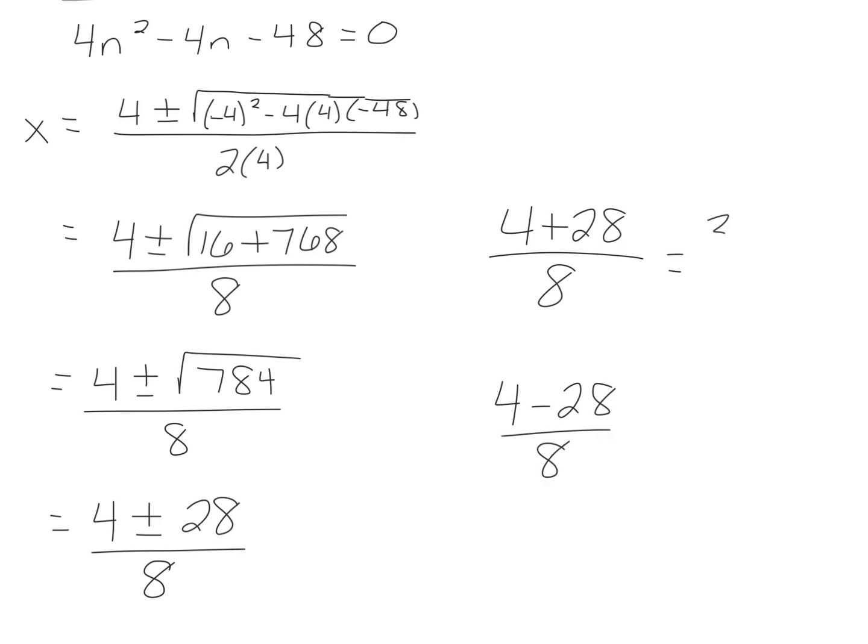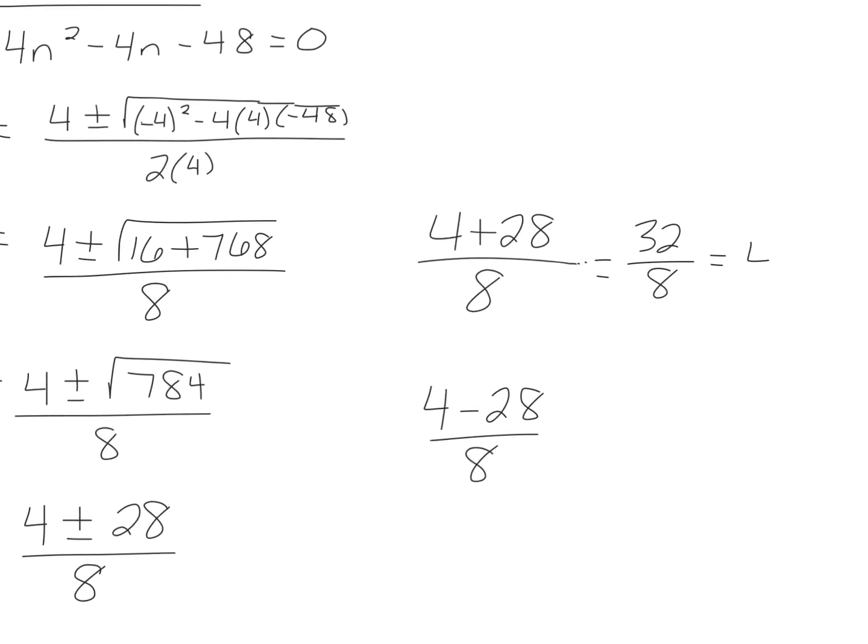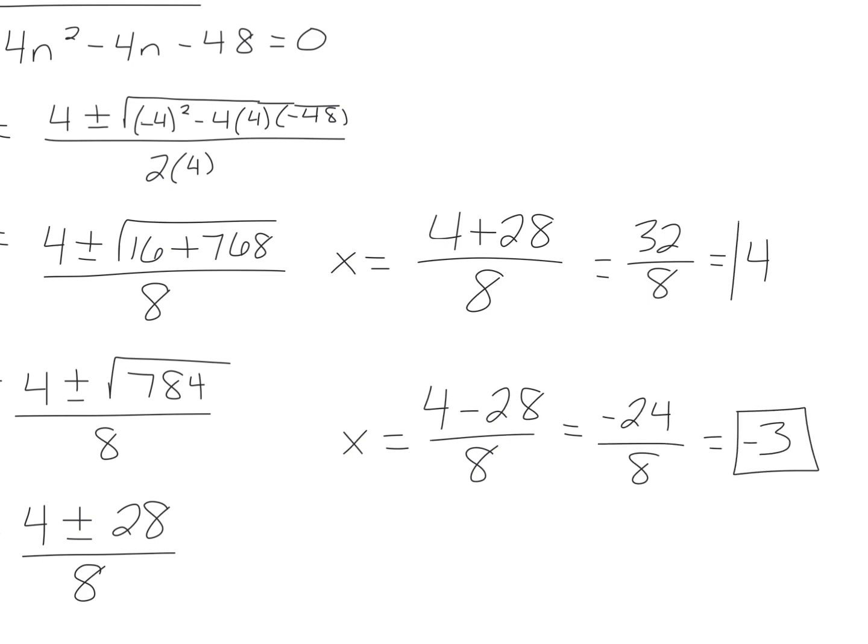So up here I get 32 divided by 8, which is 4. Yep. And then here I get negative 24 divided by 8, negative 3. And then there's your 2 solutions. Okay.